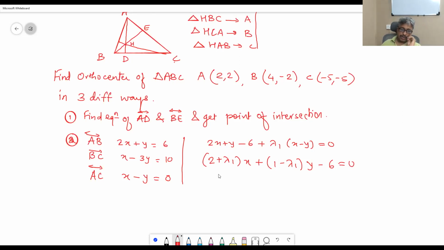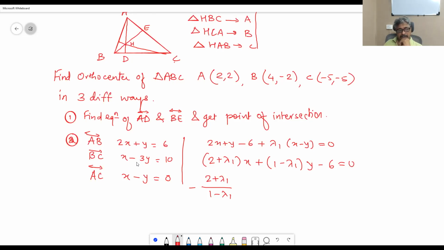So what is the slope of this line? 2 plus lambda 1 upon minus 1 minus lambda 1. This is the slope of this general line. And with what slope do we want? We want the slope which is perpendicular to BC.